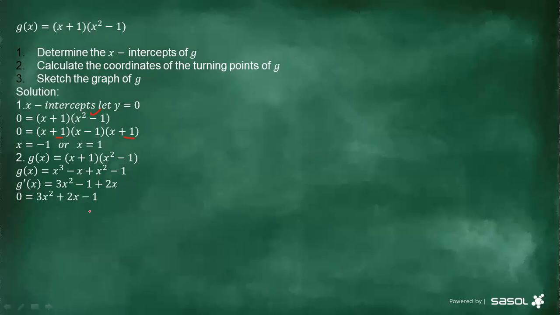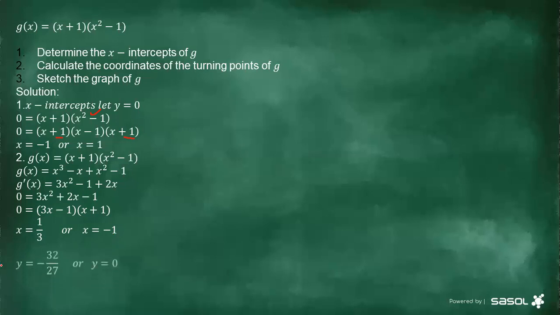We can factorize this quadratic, and these are the factors: (3x minus 1) into (x plus 1). Then when you solve for x, x is going to be equal to 1 over 3, or x equals negative 1. But because we are looking for the coordinates of a stationary point, we are looking for y values.